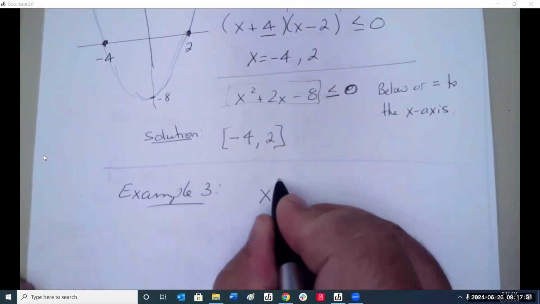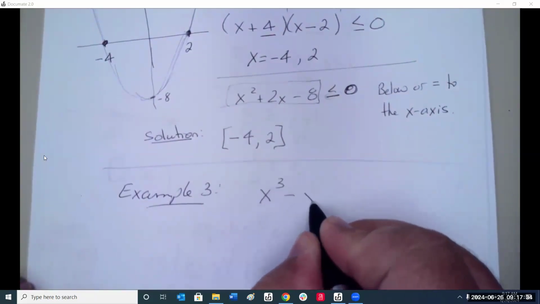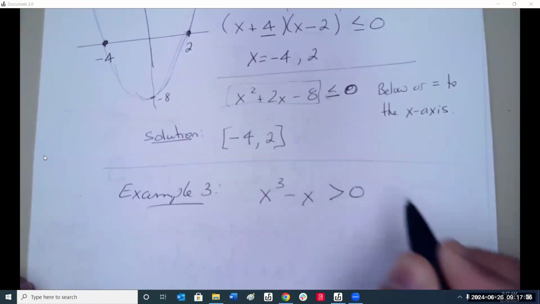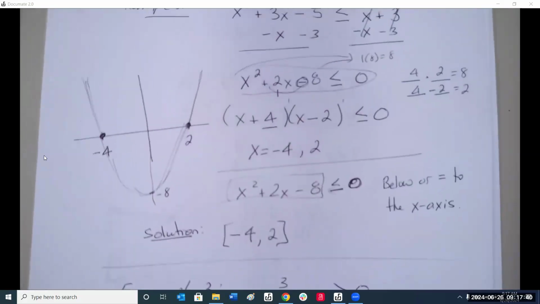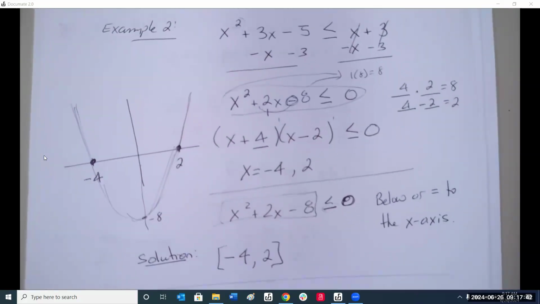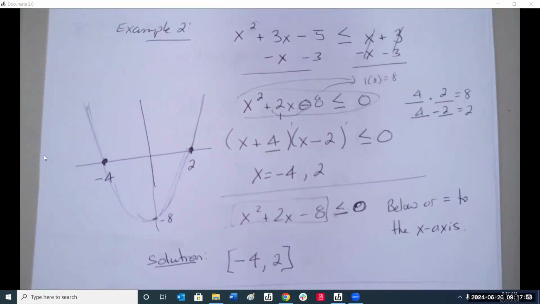Example 3. Increasing and decreasing on one side, shading one side for the less value.